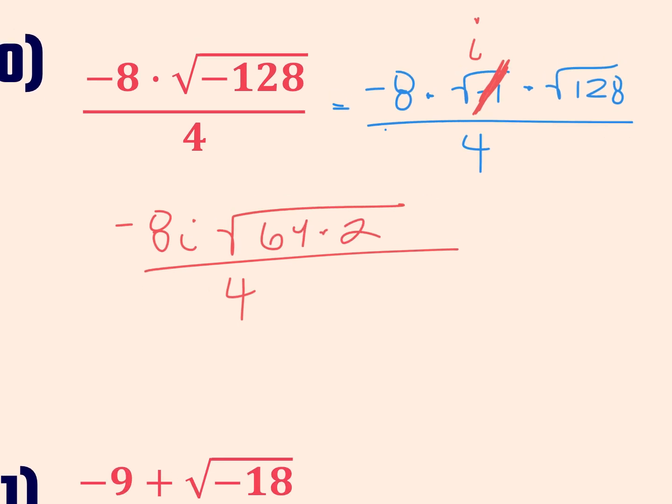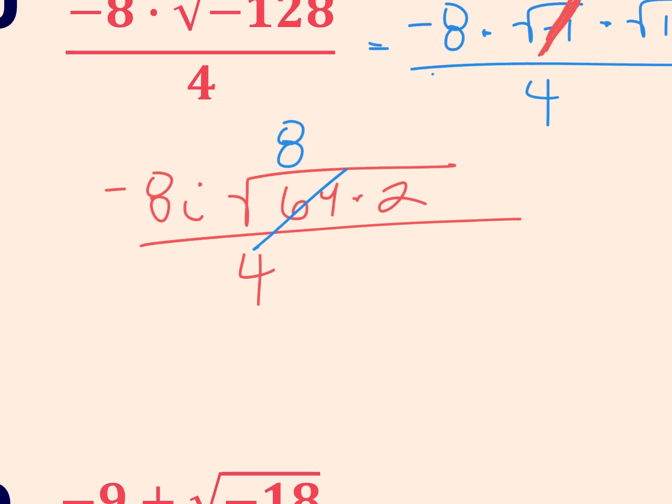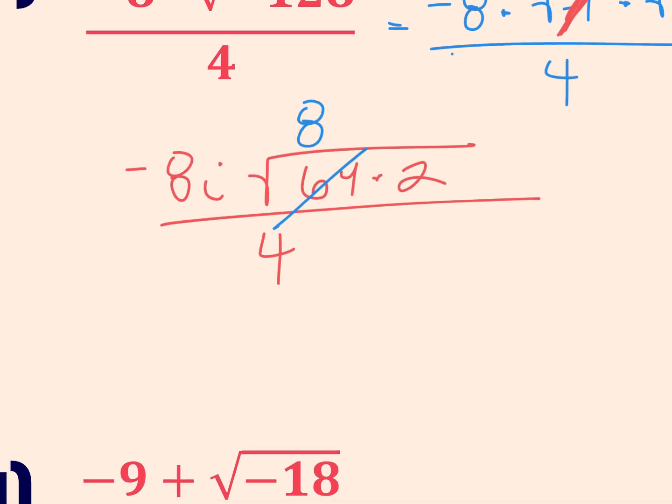So what is the square root of 64? 8. So I'm going to take that out. What am I going to do with the negative 8i on the outside and the 8 I just pulled out? Multiply. Okay, good. Was there a plus sign? Okay, no. Okay, so I have what? Negative 64 square root of 2 over 4. Did I forget to? Yeah, I forgot to write it. Sorry. It's still there.